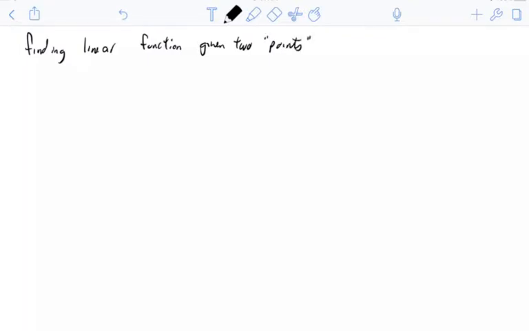By this we mean somebody will come up to us and say, hey, when x is equal to 3, f is equal to 7. And when f is equal to 2, x is equal to 8. This information is sufficient for us to figure out a linear function that satisfies both of these.